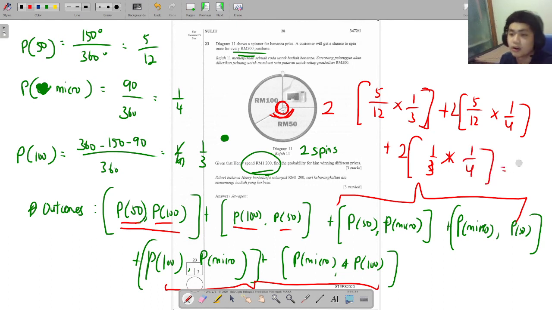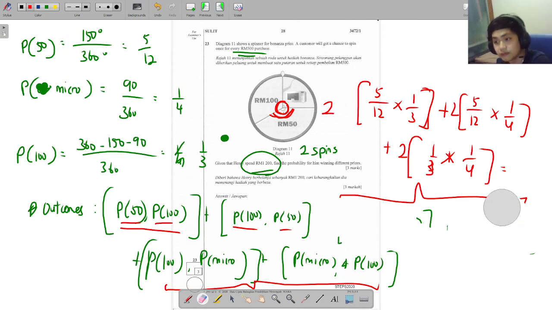This eases our calculation a bit, and also eases our writing, so that we can write a bit less, right? We need to save time. This is a time-based paper, so we need to try and save as much time as we can. So we have 2 times 5 over 12 times 1 over 3, so we have 5 over 18 here. Just going to erase the bottom a bit.